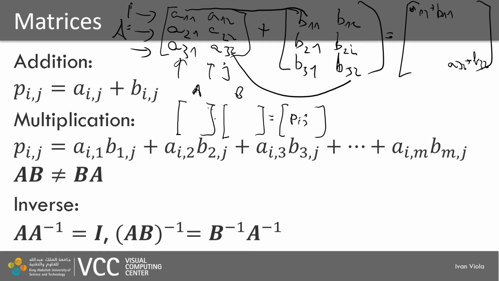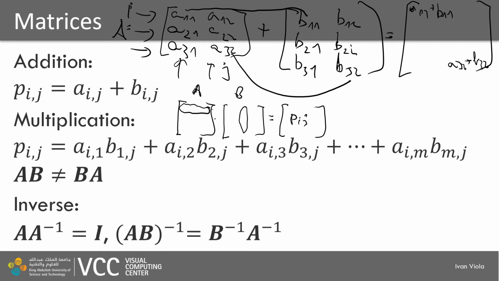So the product is generally coming as a multiplication of individual elements within rows and columns, summed up together, which forms the product. The commutative rule doesn't hold, so AB is generally not equal to BA.